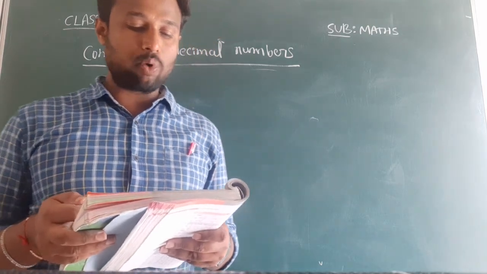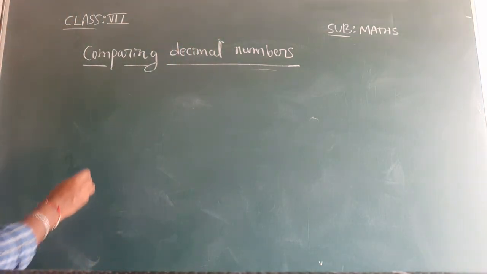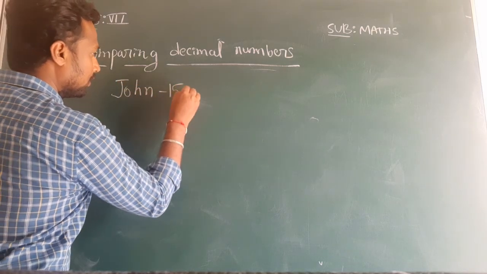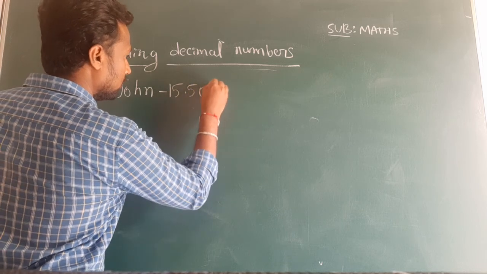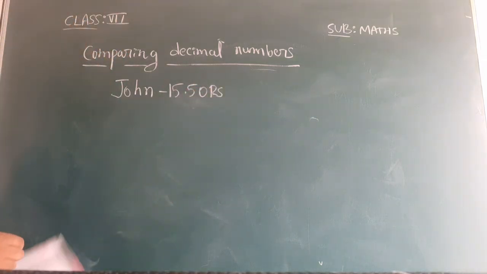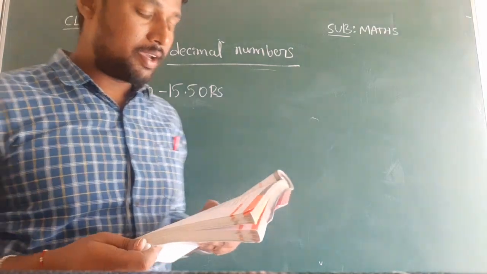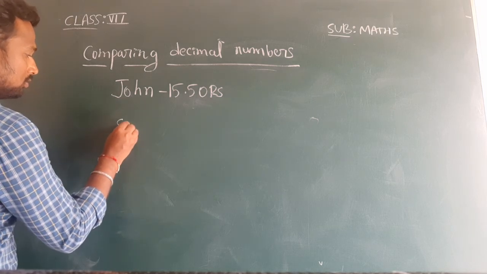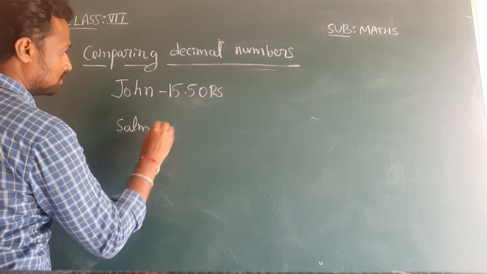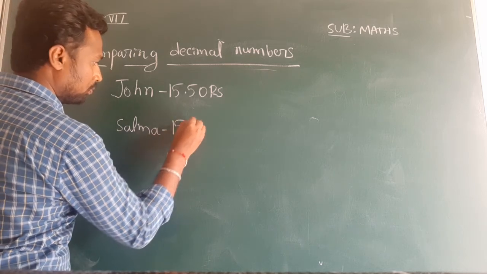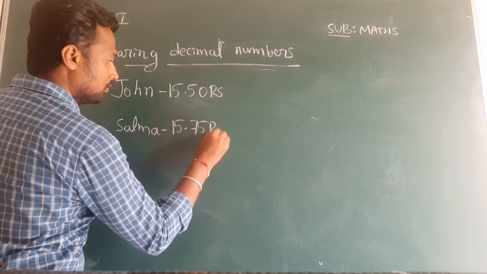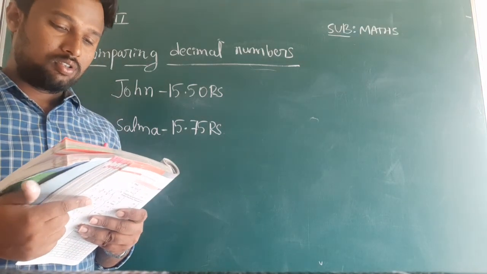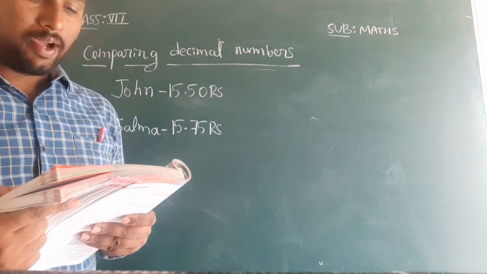John has 15.50 rupees, and Salma has 15.75 rupees. They ask who has more money.